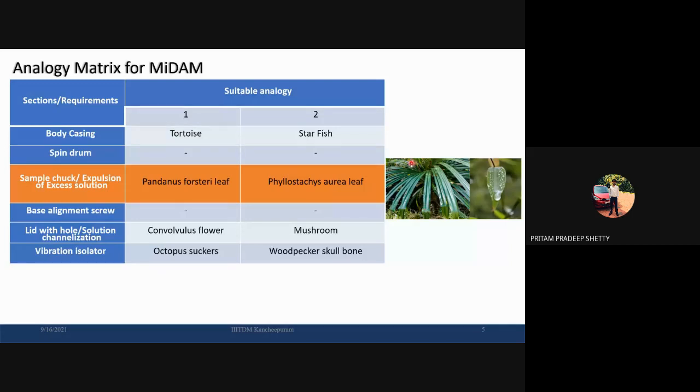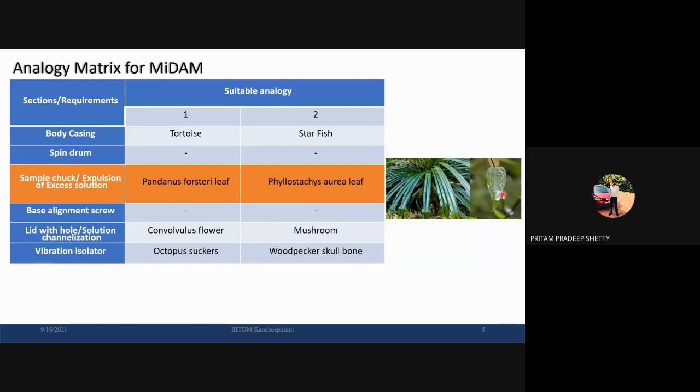So this we considered. Another leaf which we saw is the Aurelia leaf, which is based on the hydrophobicity of the leaf. In terms of fabrication, the first is simpler because we can just 3D print the channel and incorporate it into the substrate holder.